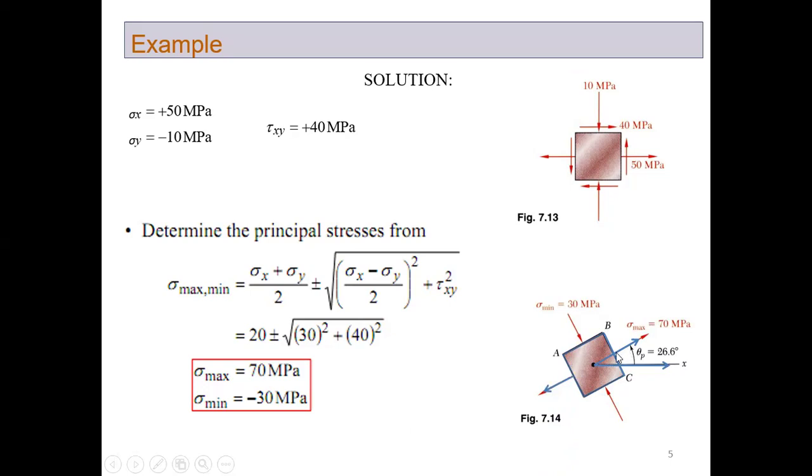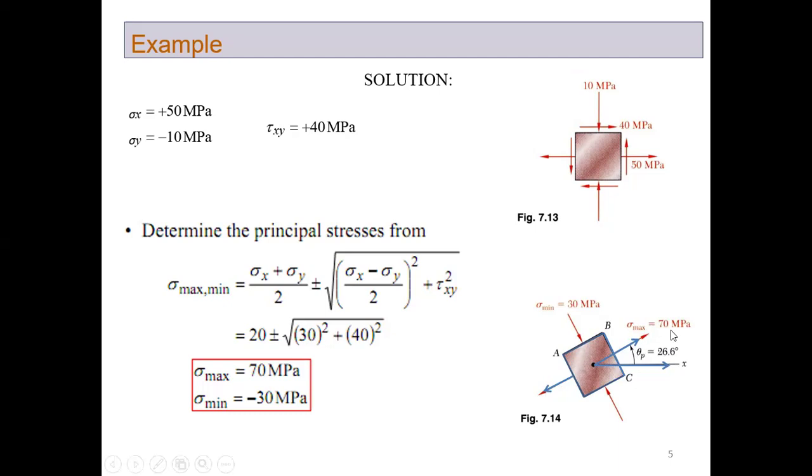This is actually the tensile stress, sigma maximum. This arrow represents the tensile normal principal stress, sigma maximum, plus 70 MPa. So you have to put the arrow in this direction, and similarly another arrow in this direction, in order to show the tensile normal stress.